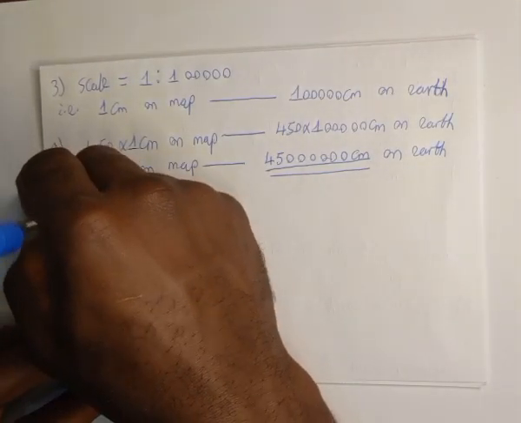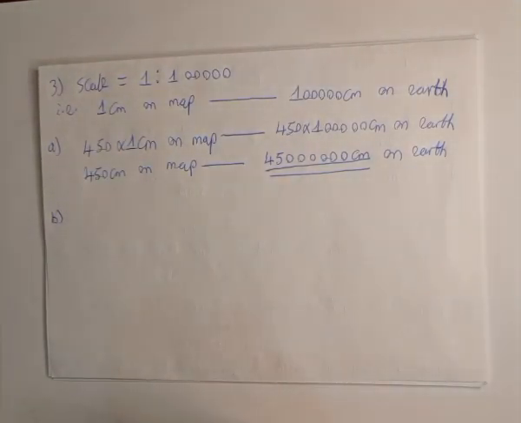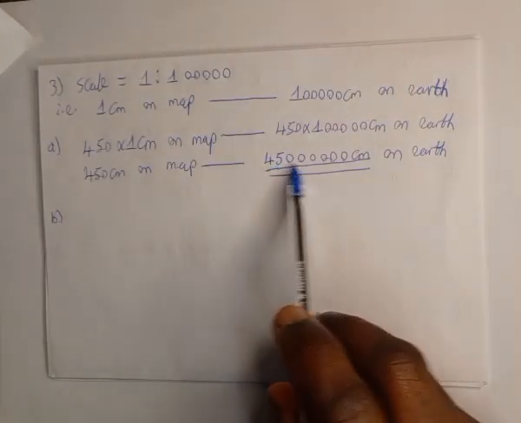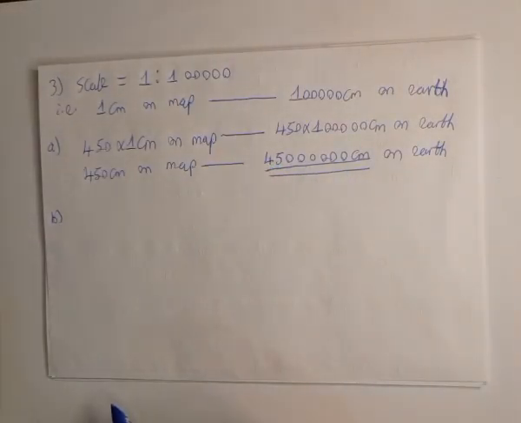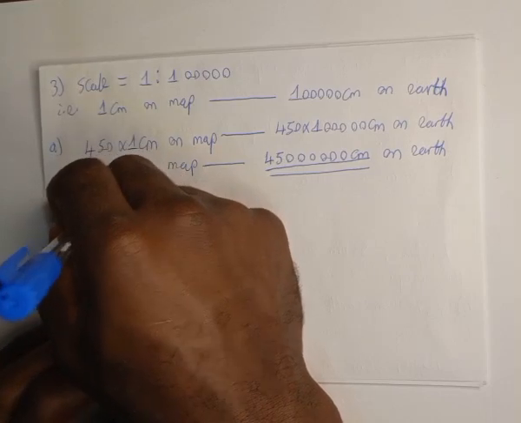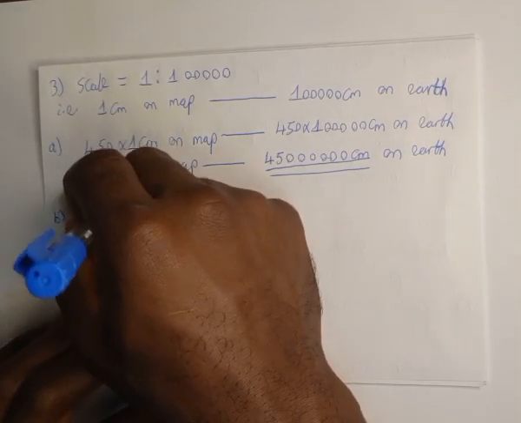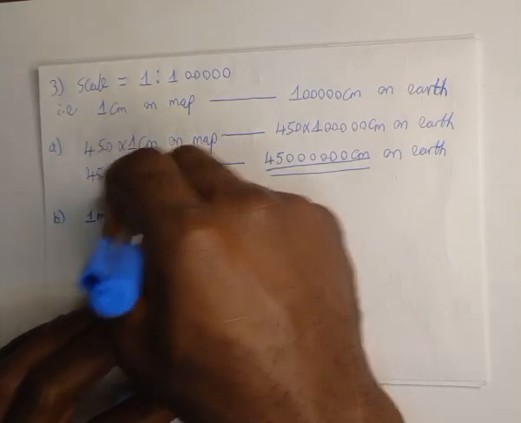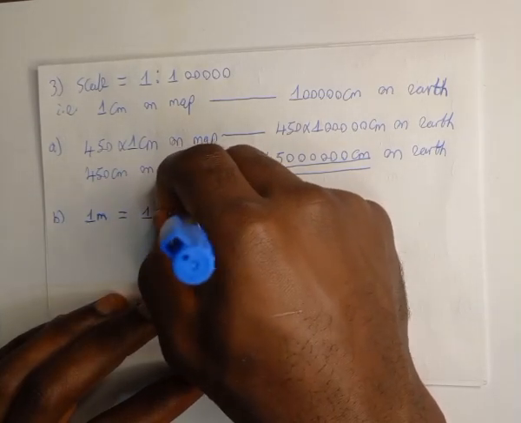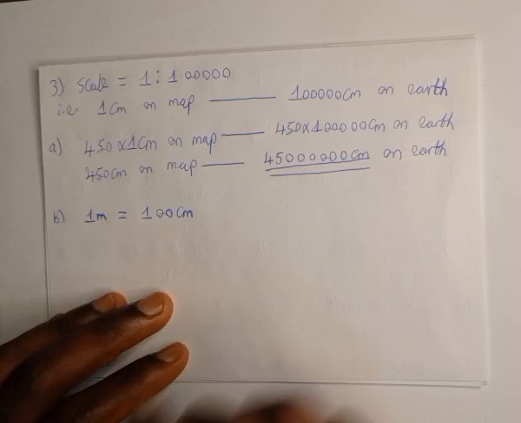Question B is asking us to give the answer in meters. So we need to express this 45 million centimeters in meters. We know 1 meter is equal to 100 centimeters, like this.